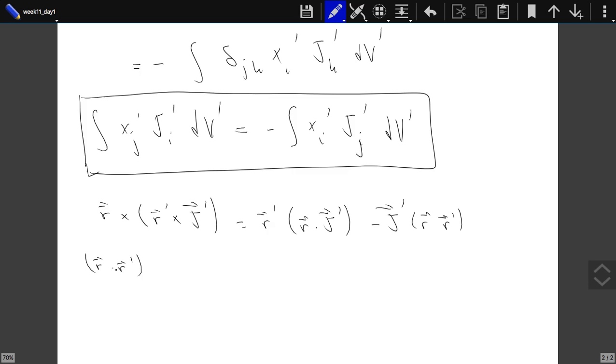So r dot r prime times j prime is equal to r prime times r dot j prime minus r cross r prime cross j prime.